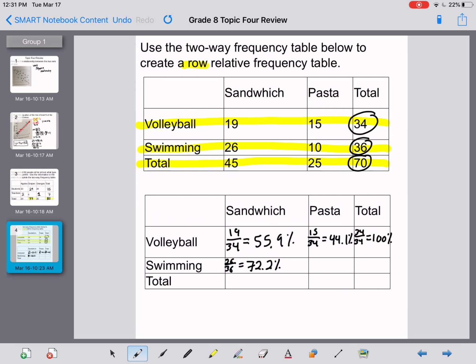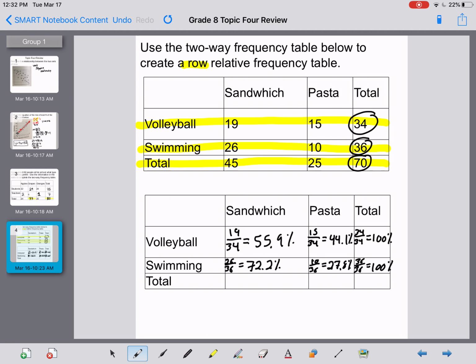For pasta and swimming, it is 10 divided by 36, and 10 divided by 36 is equal to 27.8%. And then for the total swimming, it is 36 divided by 36, which is 100%.